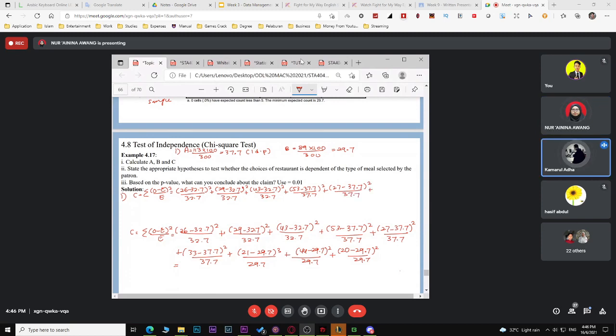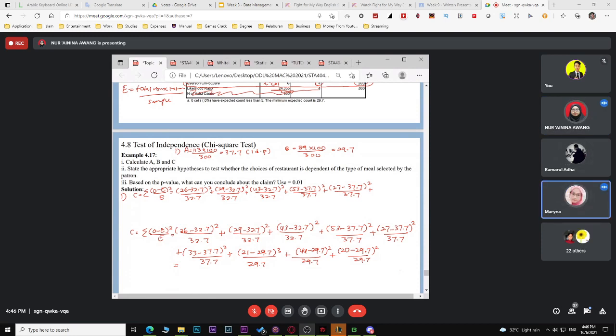I got 27.4696. 27? Wrong. Oh, 29.6. Also wrong. Is there an easier way to do this? Another way is possible, but it takes a bit more work.